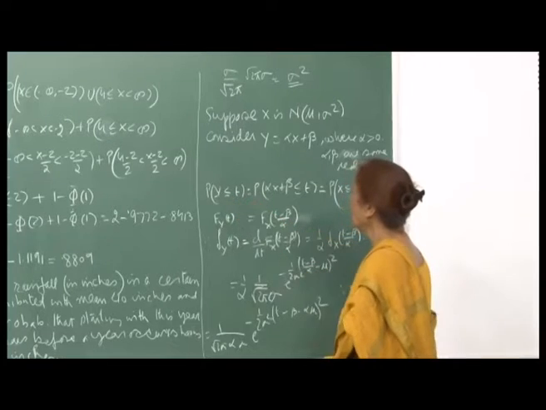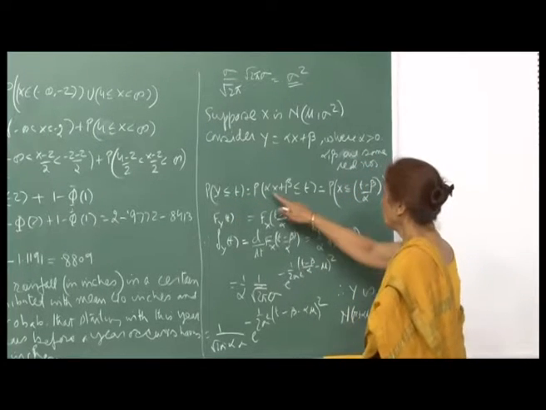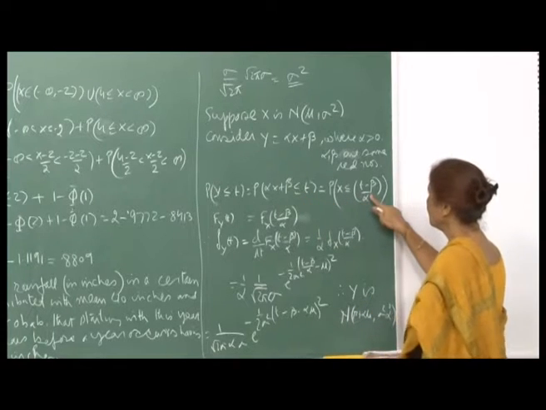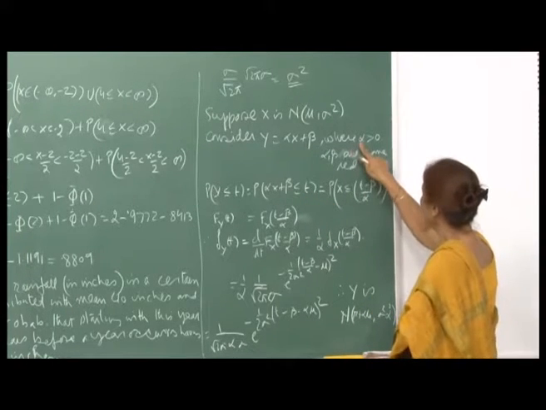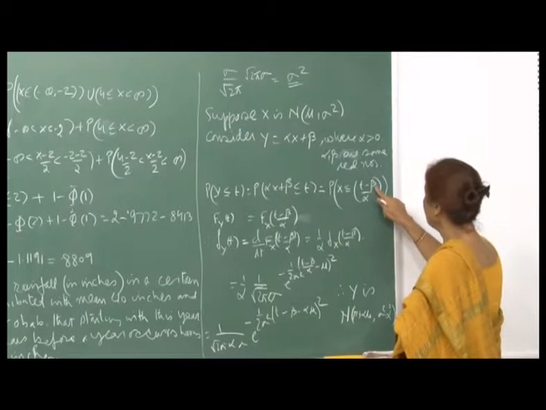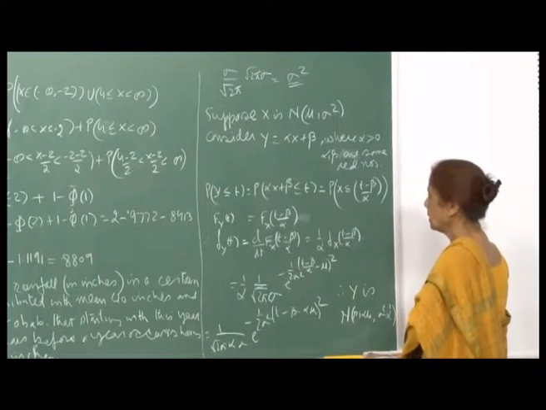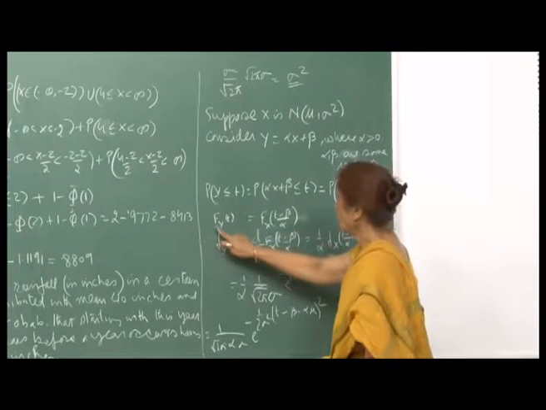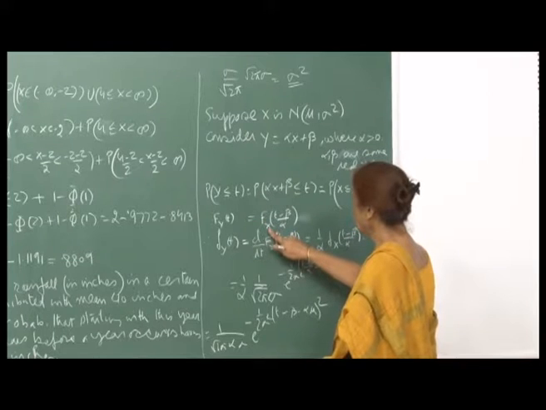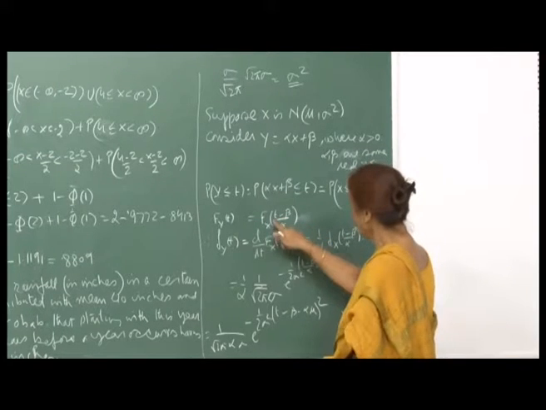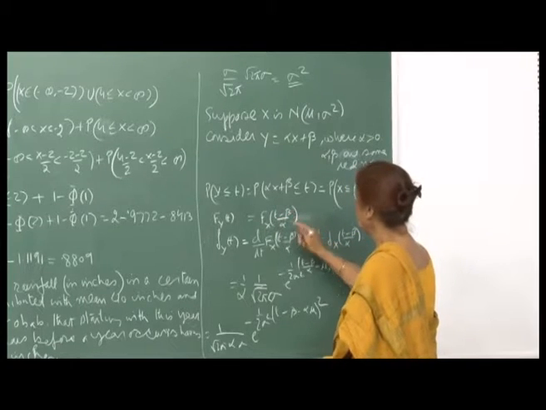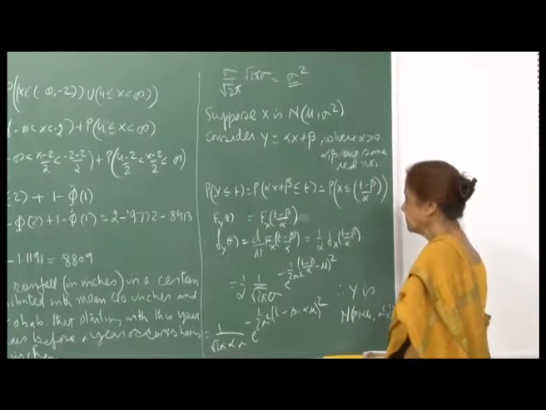So, probability y less than or equal to t is probability alpha x plus beta less than or equal to t, which reduces to this, and since alpha is positive, the inequality remains intact. So, this is x less than or equal to t minus beta upon alpha. Okay. And so, this is your cumulative distribution function of y, which is equal to the cumulative distribution function of x, but the parameter t gets replaced by t minus beta by alpha, right.